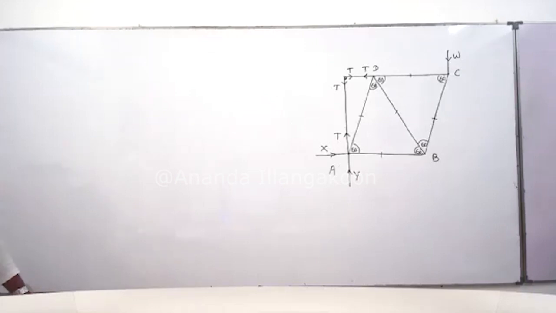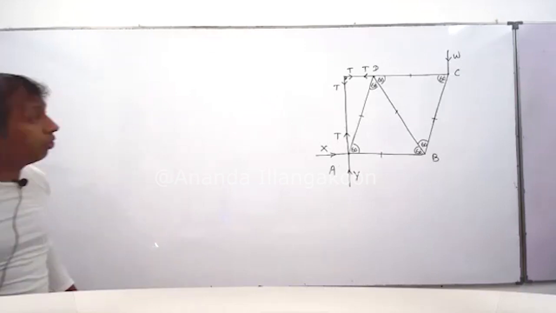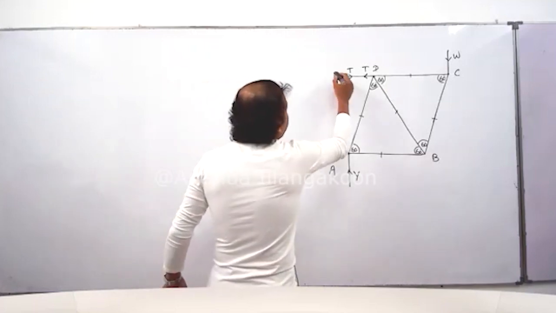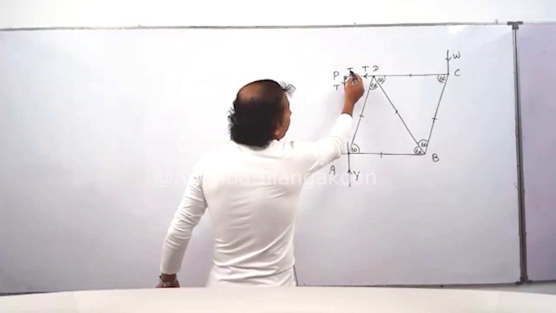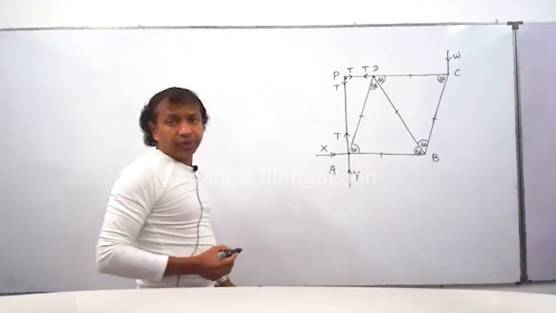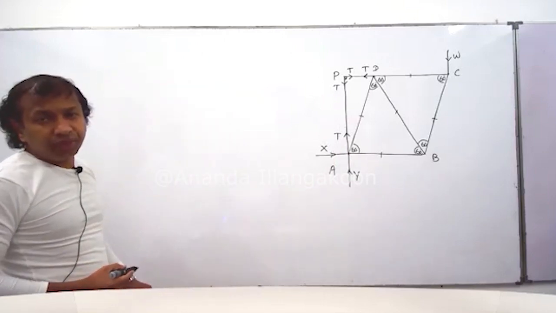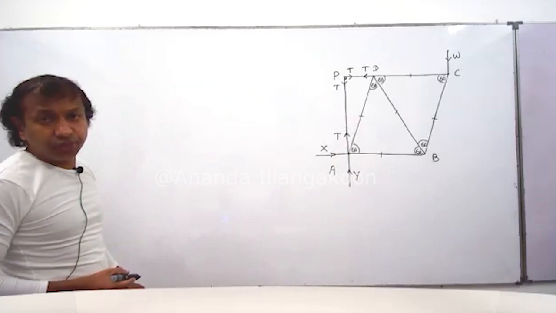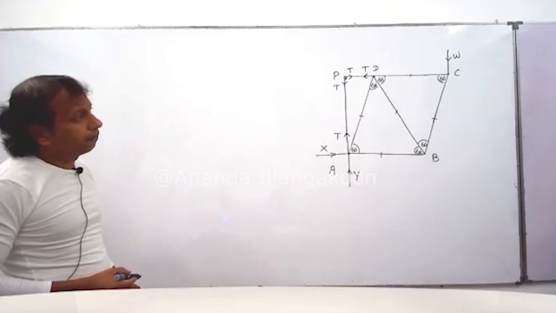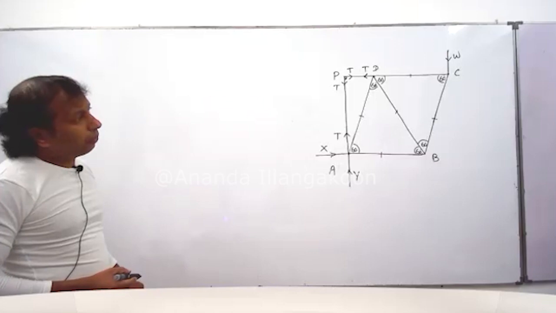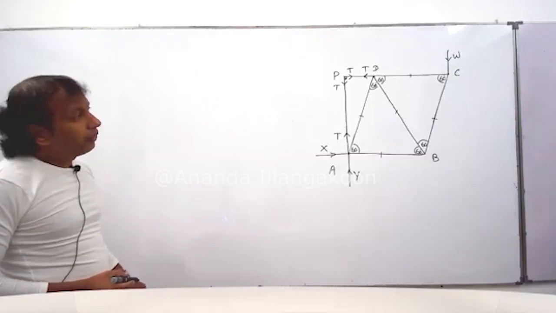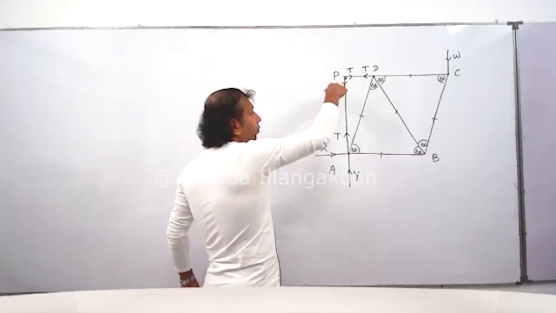Now asking the first part. Find the pressure on the peg P. This is the peg. Pressure means the force acting on the peg, the resultant force of these two tensions. In this case, pressure means that. This T acts rightward, this T acts downward.